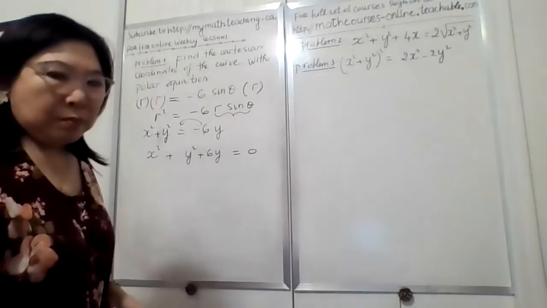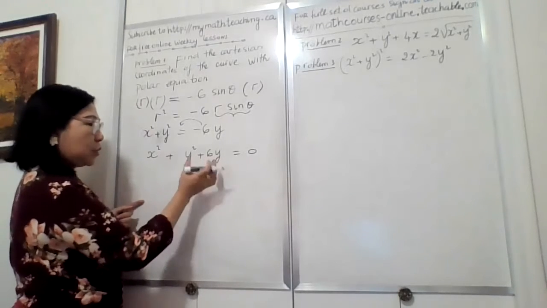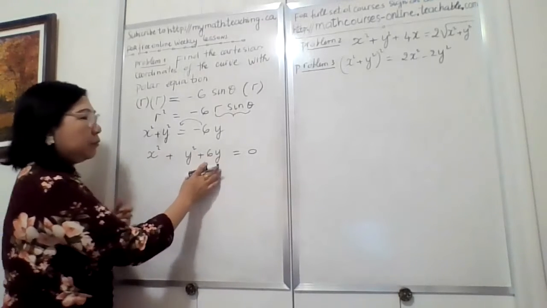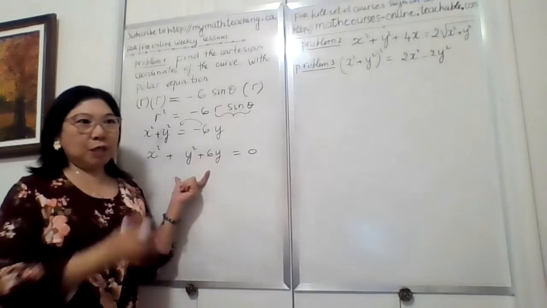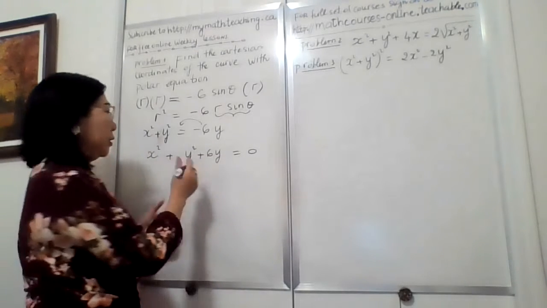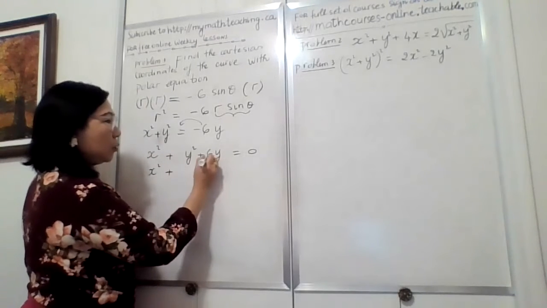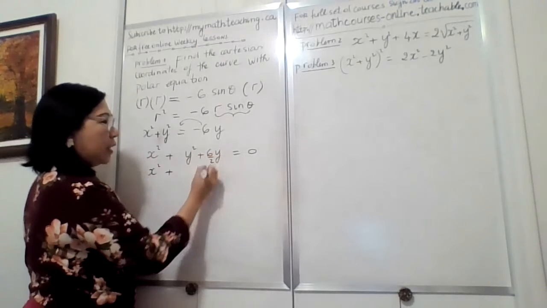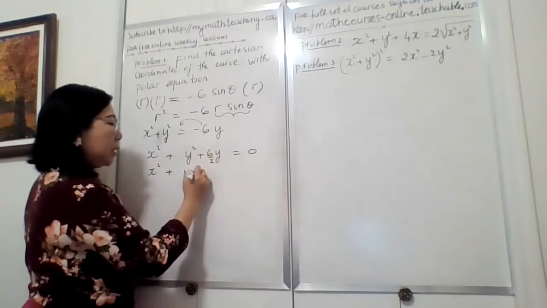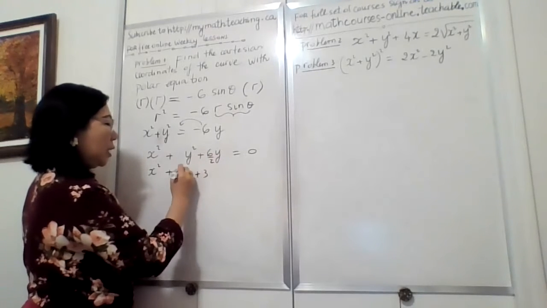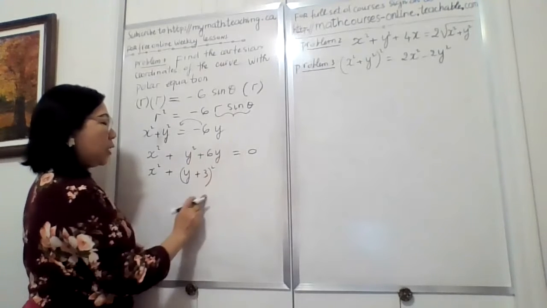But how do I do that? I have to do completing the perfect square. We have learned this topic in Math 10, but we're going to do it here, right? So we will have x squared plus, to complete the perfect square, I divide this by 2, so I know my a is y, and my b is 3, and I square both of them, right? That's how we do completing the perfect square.